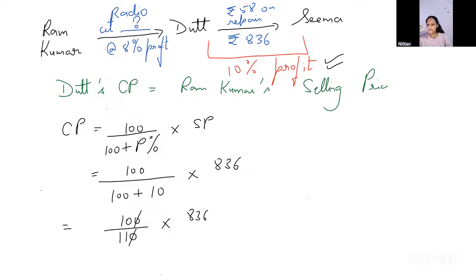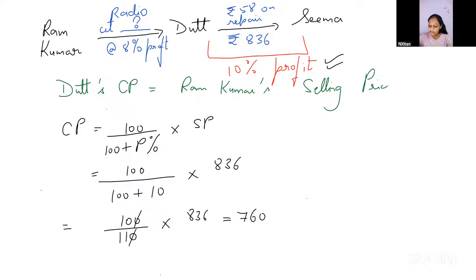Right now, what I'm having is the selling price. I don't do anything for the selling price, but overhead is related to the cost, right? I subtract overhead from the cost price. First calculate cost price and then minus overhead from the cost price. How much will you get? You will get 760.